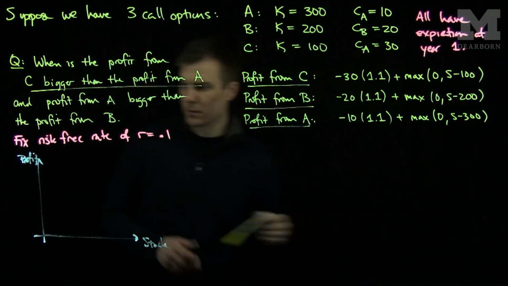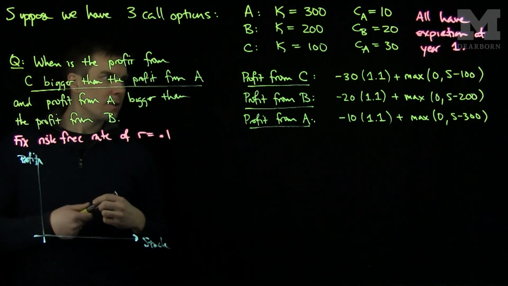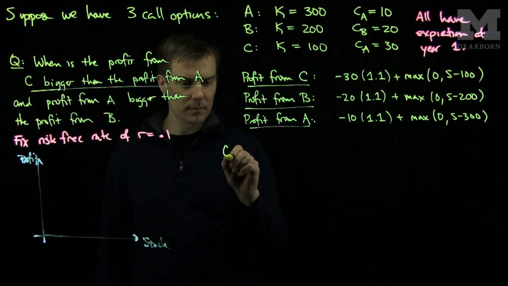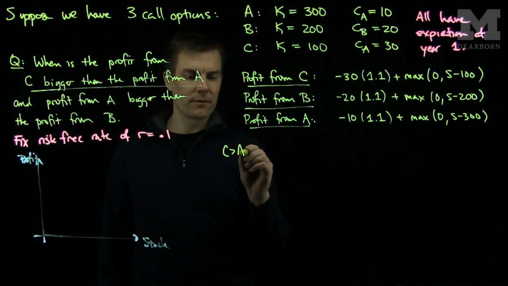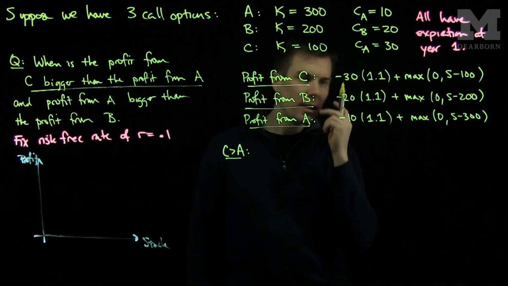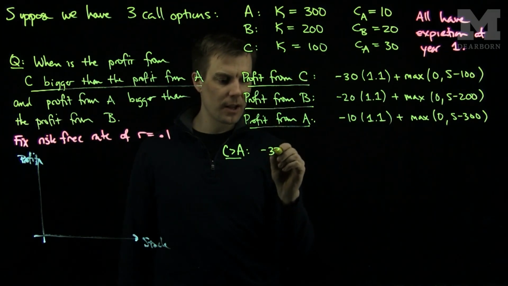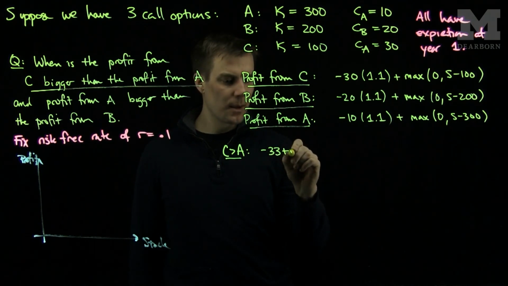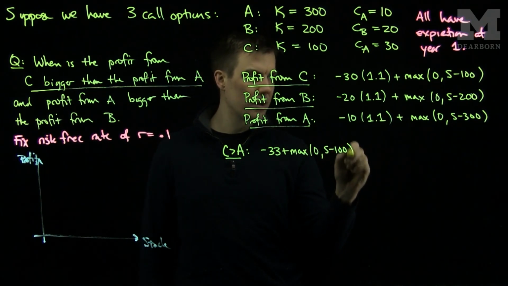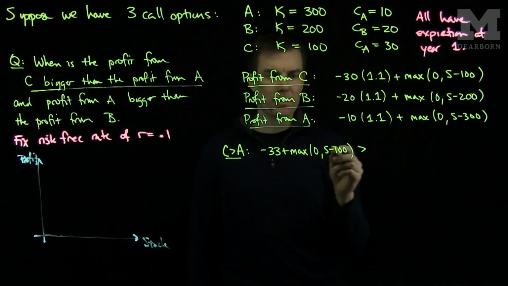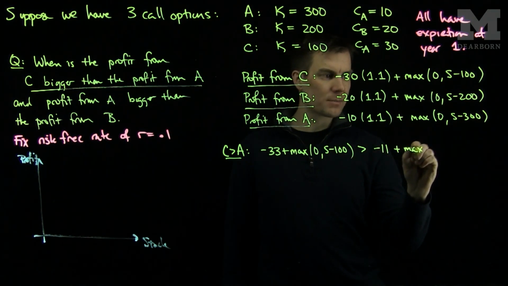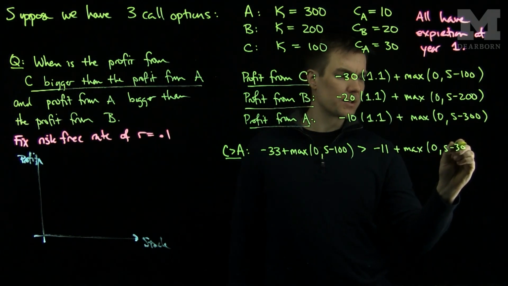We want the profit from C to be bigger than the profit from A, which is equivalent to negative 30 times 1.1, exactly negative 33, plus the maximum of 0 and S minus 100, that's the profit from C, to be larger than the profit from A, which is negative 11 plus the maximum of 0 and S minus 300.